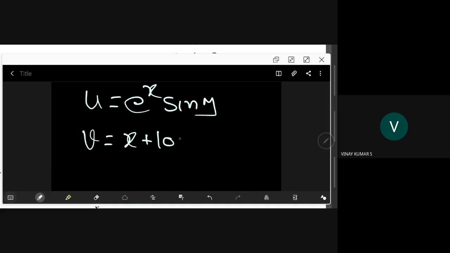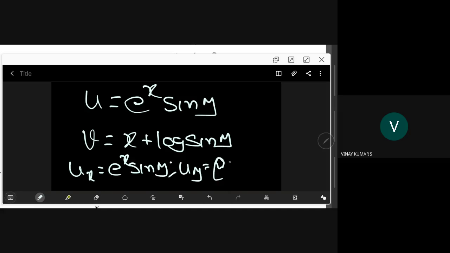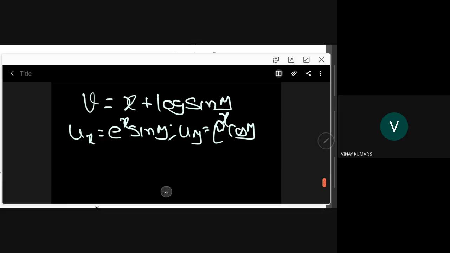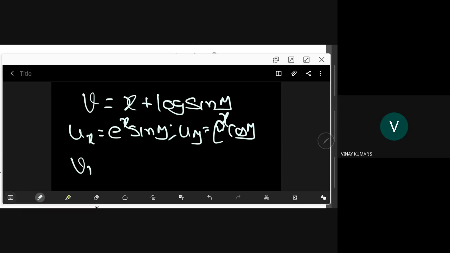So ux is e power x sin y, uy is e power x cos y, and vx is 1 plus 1 by sin(y/x) into, by the chain rule, minus y by x square.